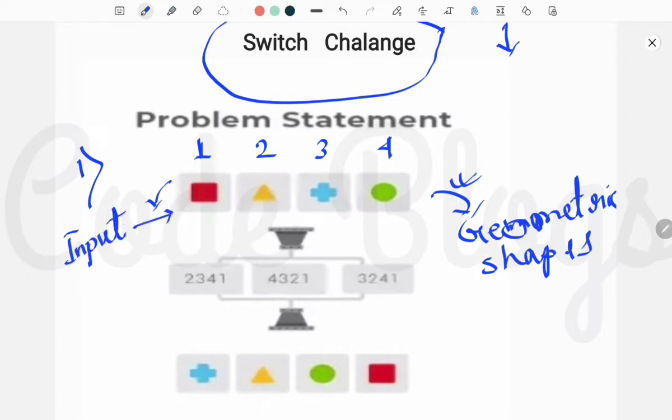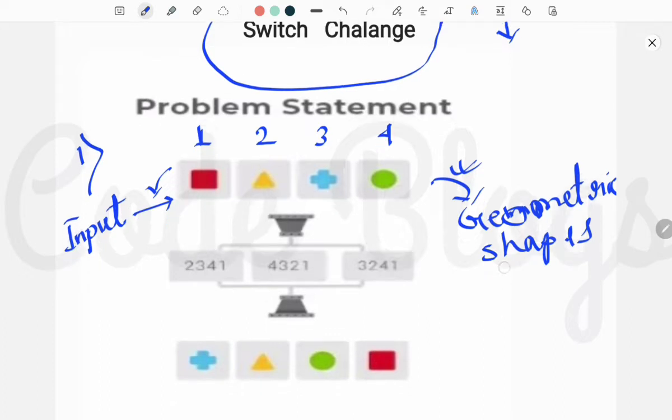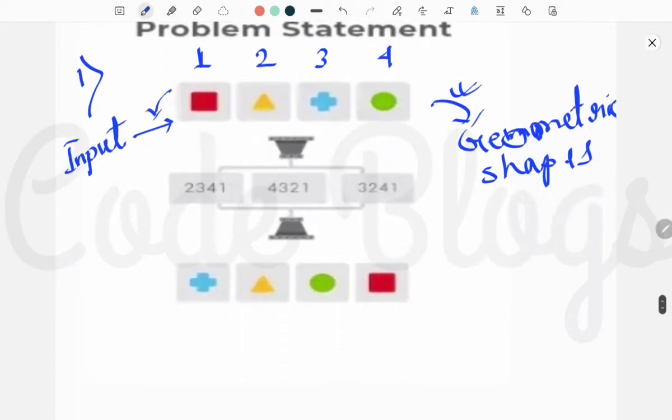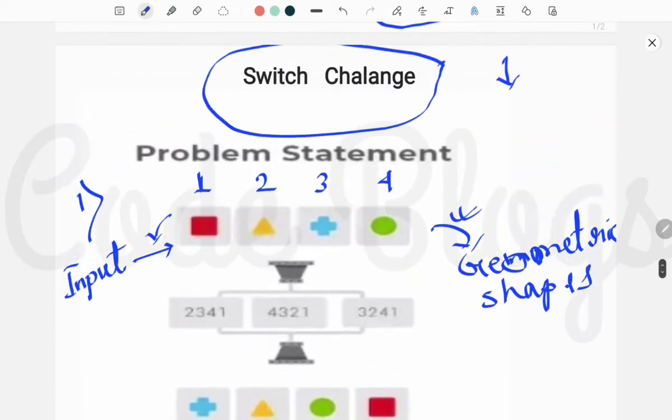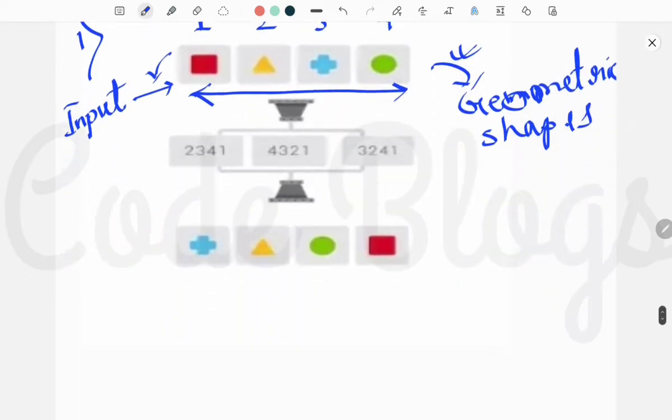In our input we are given a sequence of geometrical shapes. Now our task is to find the code. After numbering the shapes, we get the code 1 2 3 4 for this sequence. Now we have to find the sequence code.